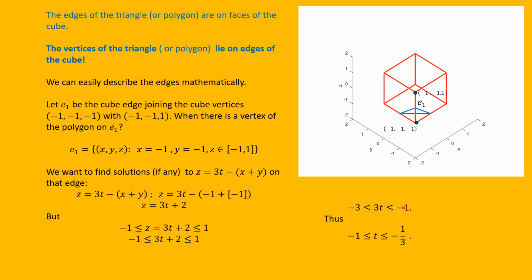Dividing these inequalities by 3 tells us that t is between minus 1 and minus 1/3. So if you are looking at that line L once again, you will get a vertex of this polygon on the edge E1 if t is between minus 1 and minus 1/3.